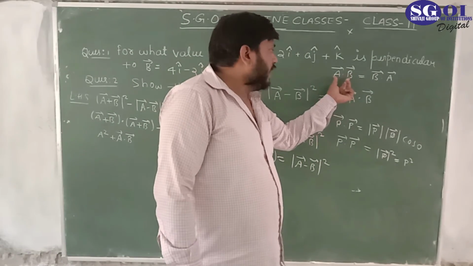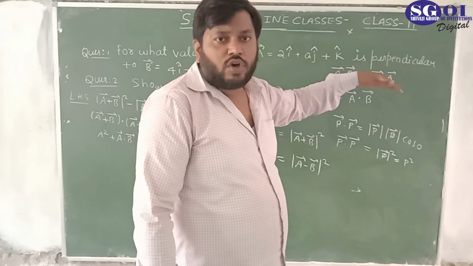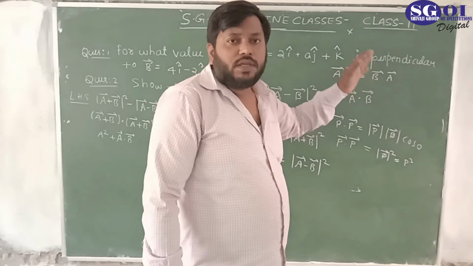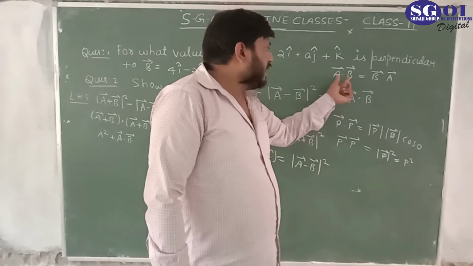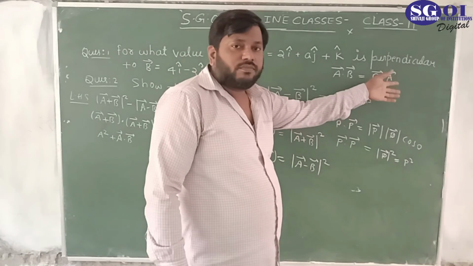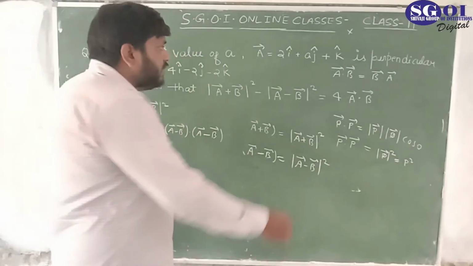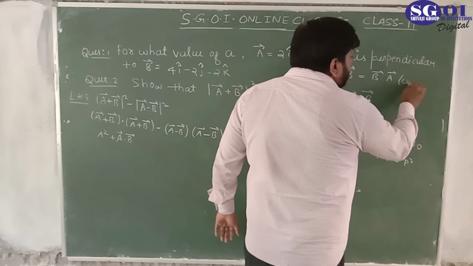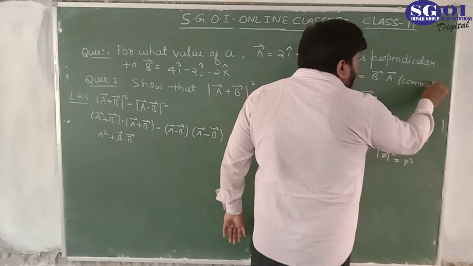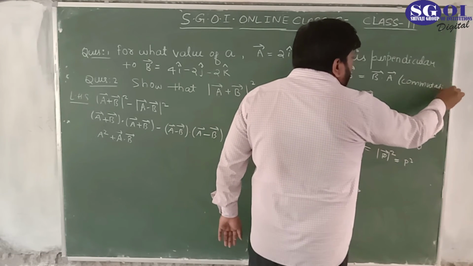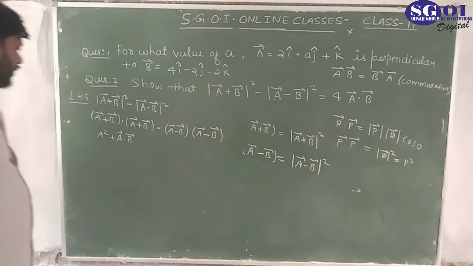Magnitude a dot b means mod a mod b cos theta, and b dot a is mod b mod a cos theta. If the angle between a and b is theta, the same result will come, so they are equal. Dot products are commutative in nature.